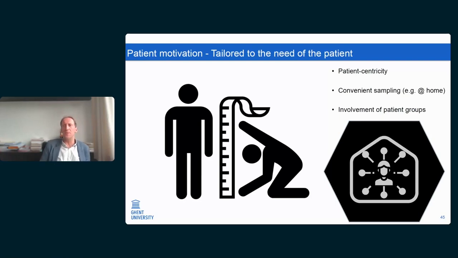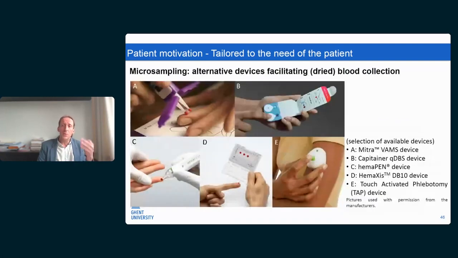We should listen to the patient, and also involve patient groups, and those patient groups telling us, no, this is what you thought of in your lab environment, and that's just simply not realistic. This is what's realistic and relevant for this patient group. So we should really open up to those and listen to those.